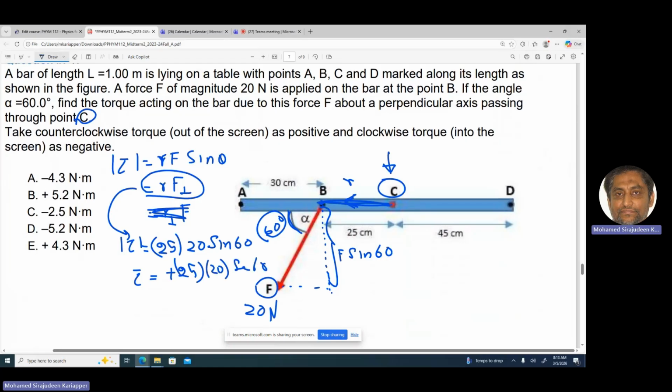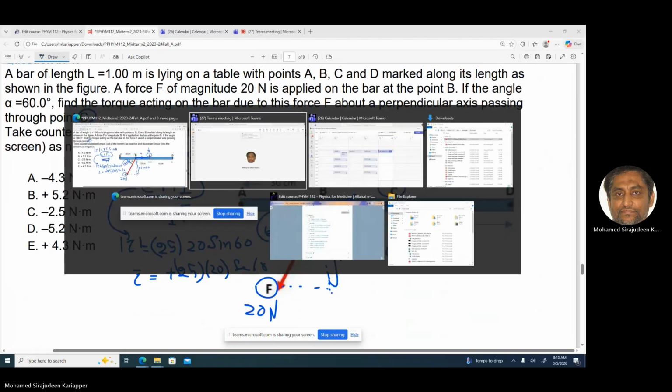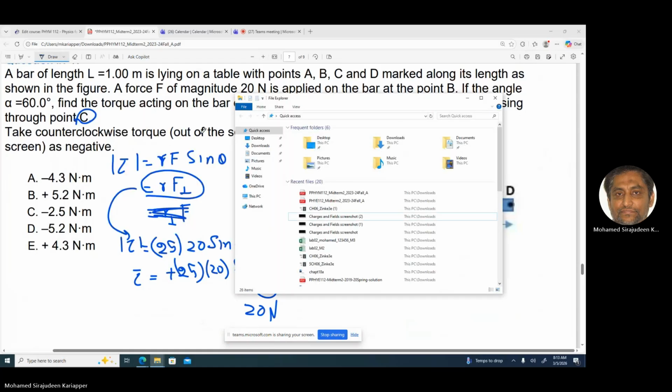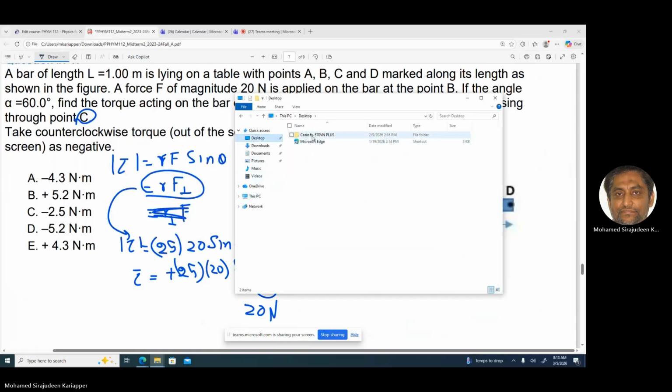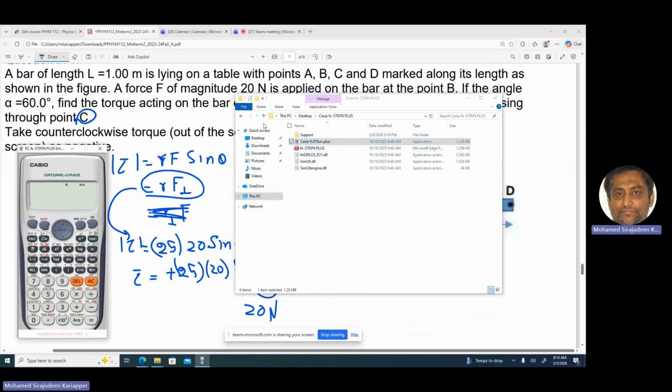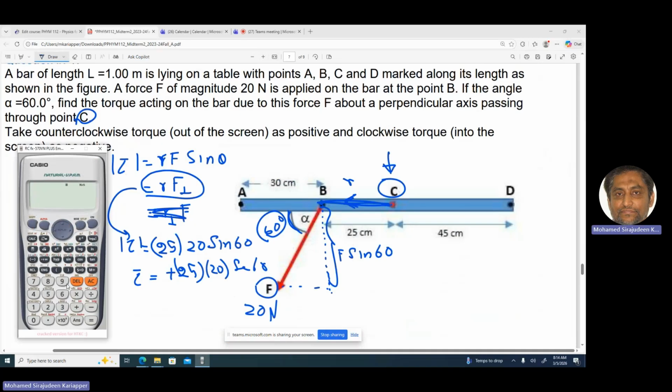So I don't know what is the answer. Somebody help me, if someone with a calculator, or you want me to use my calculator. So 25 multiplied by 20 multiplied by sine 60. 133.